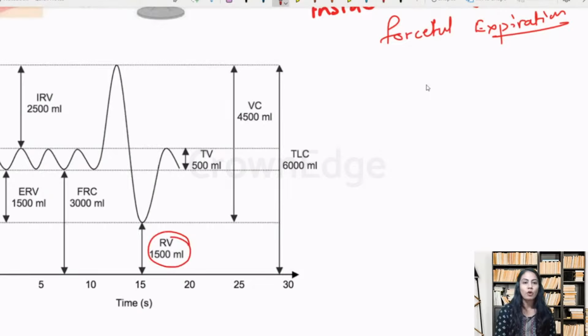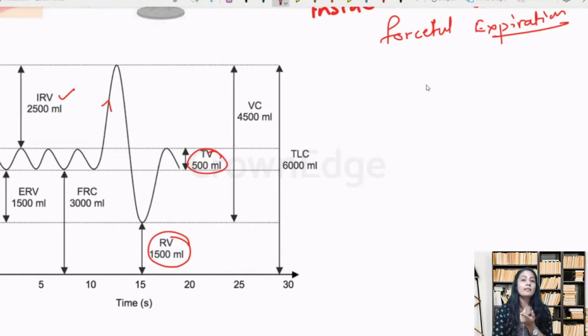Okay, so tidal volume is normal inspiration, normal expiration. If you ask a person to inspire forcefully, then that will be known as inspiratory reserve volume. Inspiratory reserve volume can be easily measured, right? If you ask to breathe normally, you're going to get only around 500 ml of air inside that spirometer.